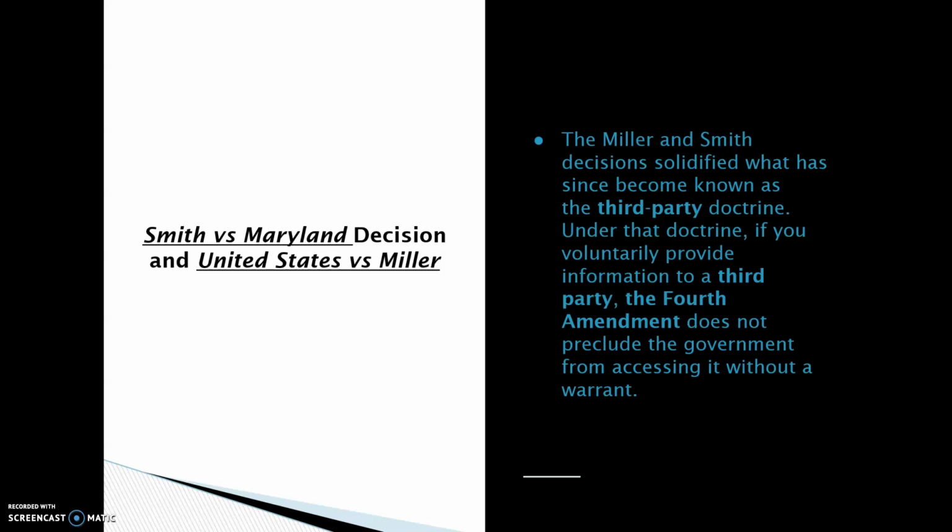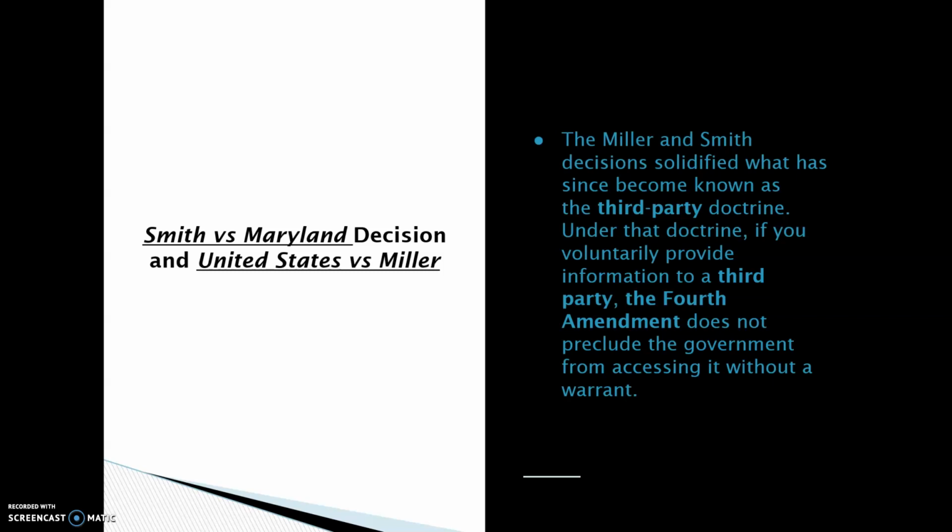So this is a really great case, the Smith versus Maryland decision and United States versus Miller. They're super important decisions that you should know about. These decisions solidified the third-party doctrine. This is how the third-party doctrine became okay to be used, right? Under the doctrine, if you voluntarily provide information to a third party, the Fourth Amendment does not preclude the government from accessing it without a warrant.